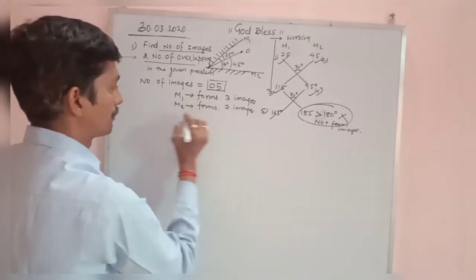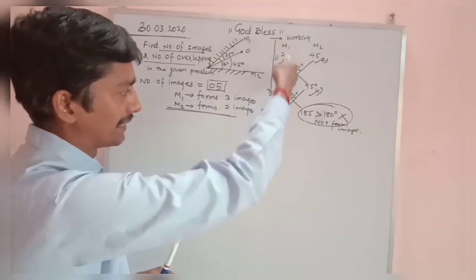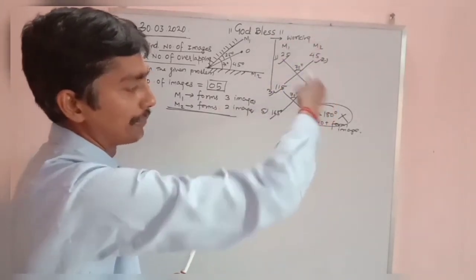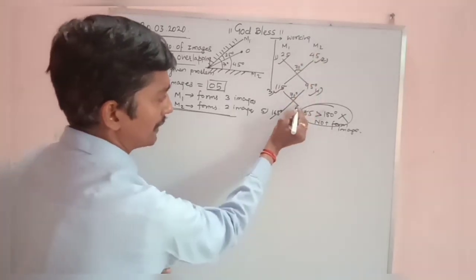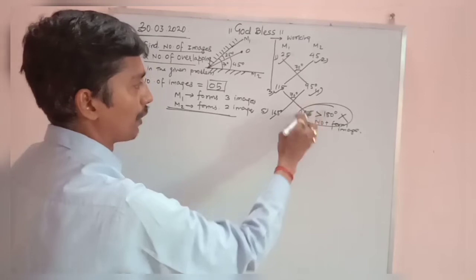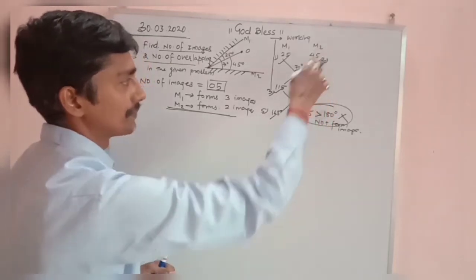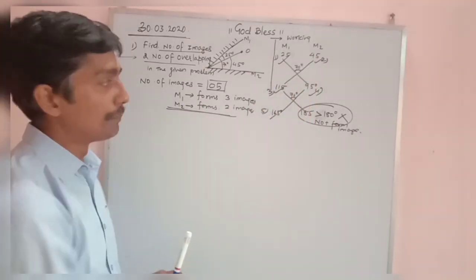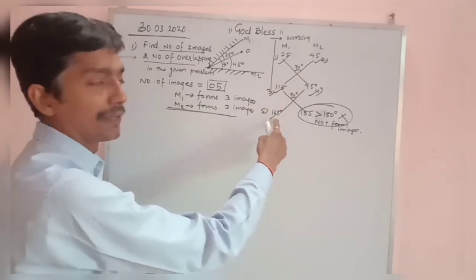So the total images formed by them is 5. Whatever is written on the M1 side is the image formed by M1, and whatever is written on the M2 side is the image formed by M2. But at the M2 side, the last one is 185, which is exceeding 180, and therefore it will not form an image. Hence for M2, only 2 images are formed, one at 45 and the other at 95. For M1, the images form at 25, 115, and 165 also.